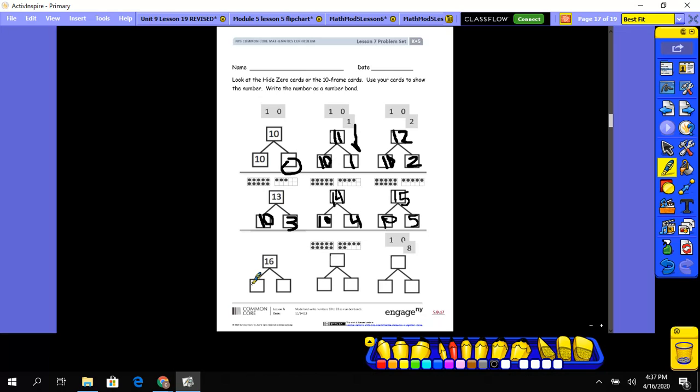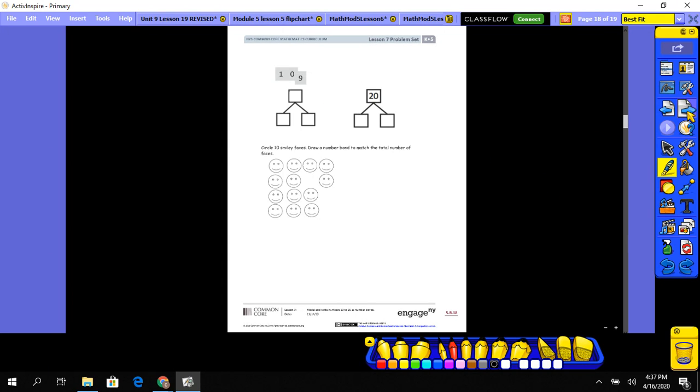That's right. So one part is 10. And what is the other part? 6. You are so smart. Kiss your brain. You've done an excellent job working through making number bonds with our teenage numbers.